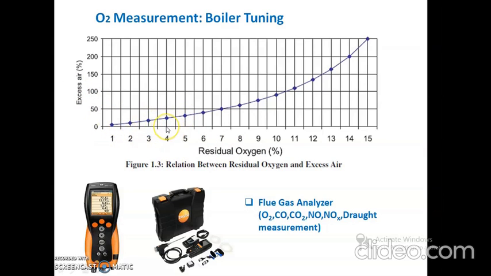Generally in practice, on the field, 3 to 5% oxygen is the general practice. Okay, so for continuous monitoring of oxygen or CO2, you also need a flue gas analyzer, as shown here.